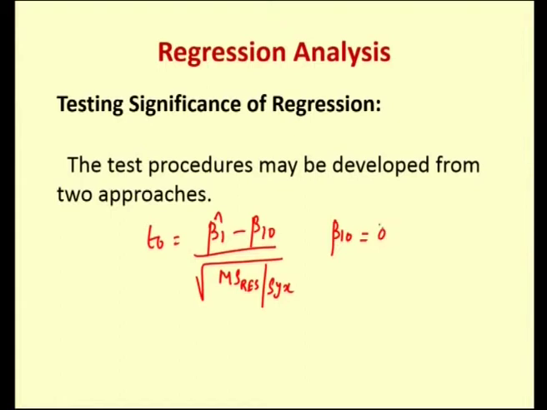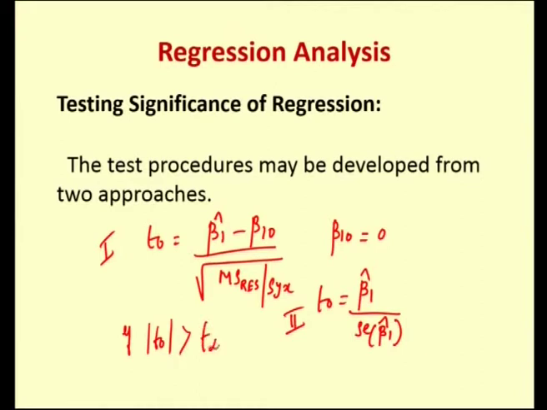In the second approach, we can use the test statistic beta 1 cap divided by the standard error of beta 1 cap. The hypothesis of significance of regression would be rejected by the same argument, that is, if the modulus of t naught is greater than t alpha by 2 for n minus 2 degrees of freedom.